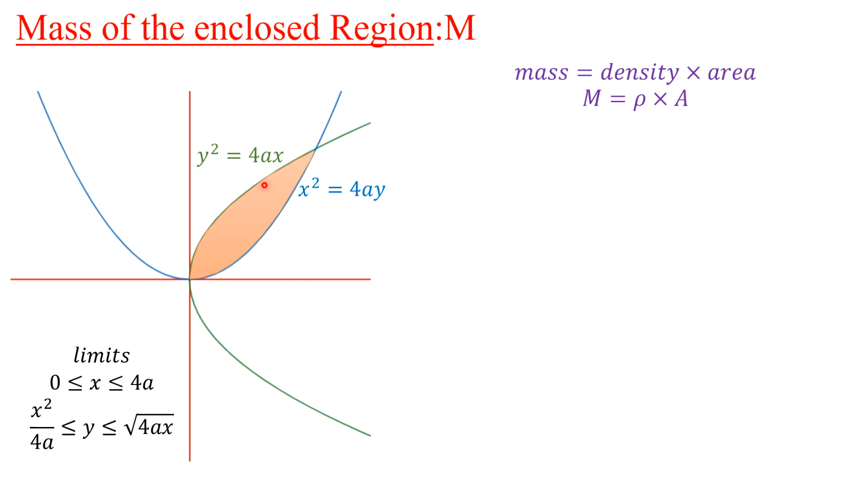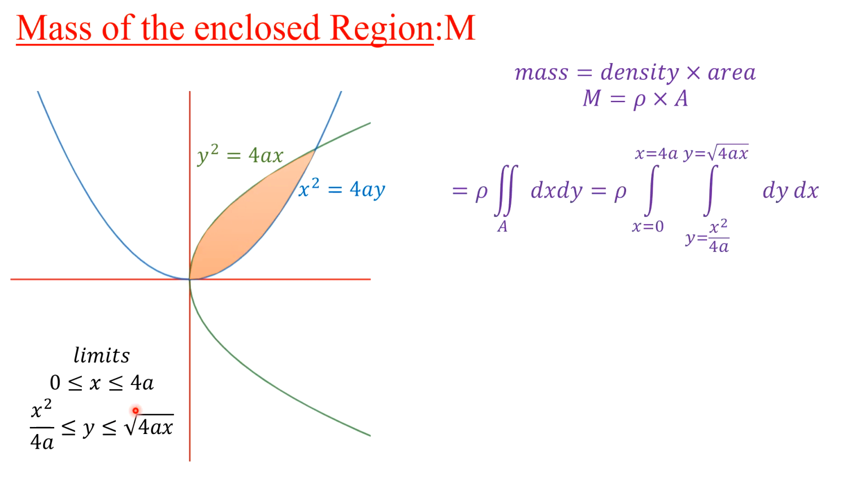Now we have same region, therefore limits of x and y will be same. So mass will be rho into, and the area is double integral over A dx dy. This double integral of dx dy gives us area of this region.